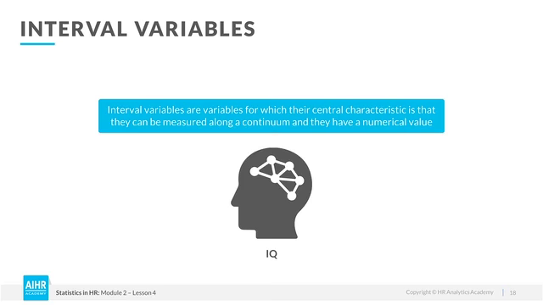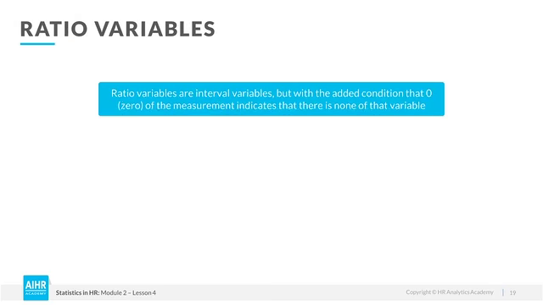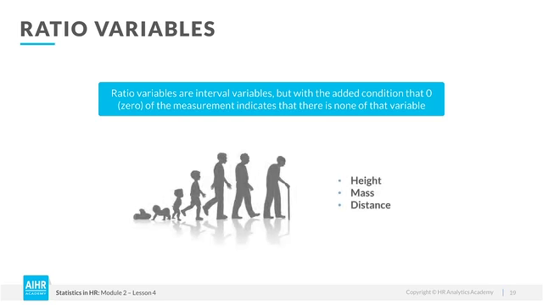However, IQ is not a ratio variable. Ratio variables are interval variables, but with the added condition that 0 of the measurement indicates that there is none of that variable. So intelligence measured in IQ is not a ratio variable, because an IQ of 0 does not mean that there is no intelligence. Age, however, is a ratio variable, as the age of 0 indicates that that person hasn't been born yet.